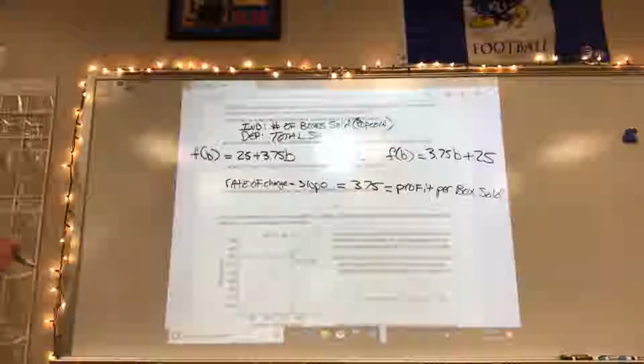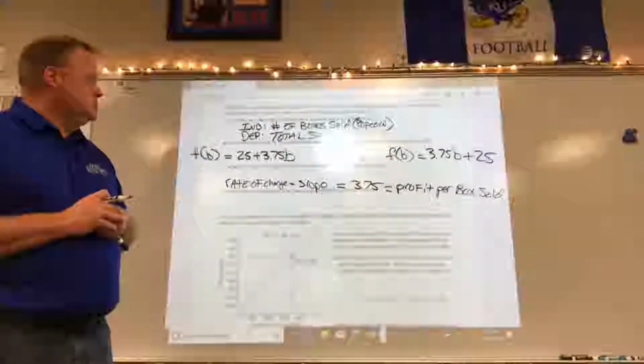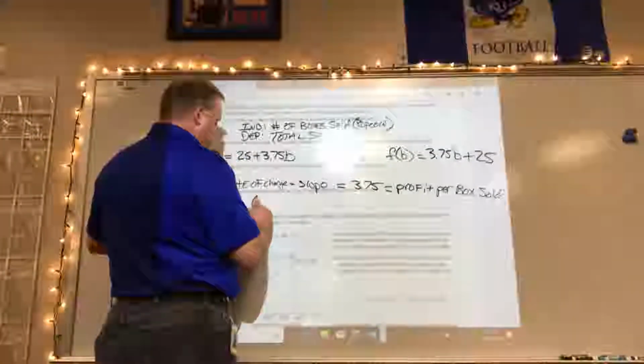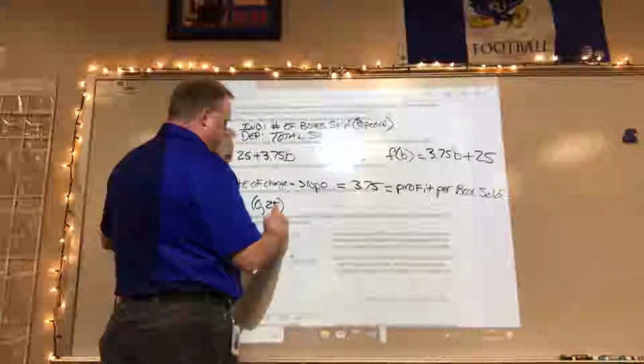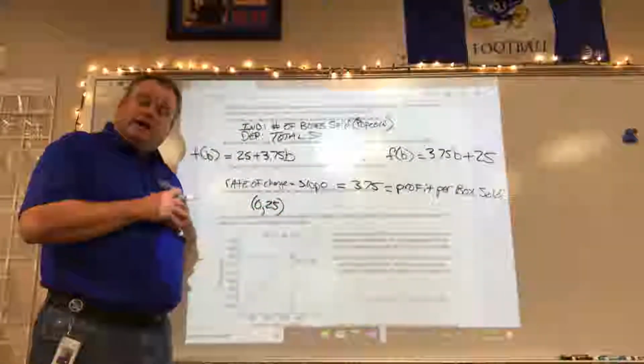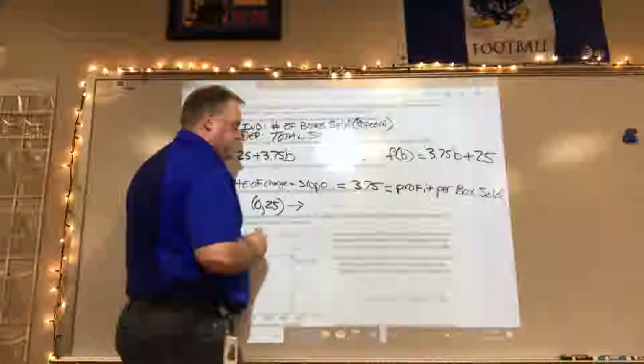Okay? Now, what is the y-intercept and what does it represent in this problem situation? Well, my y-intercept is 25. So remember, my y-intercept is when x is 0, my y is a value, so that's (0, 25). That's my y-intercept. And what does it represent?